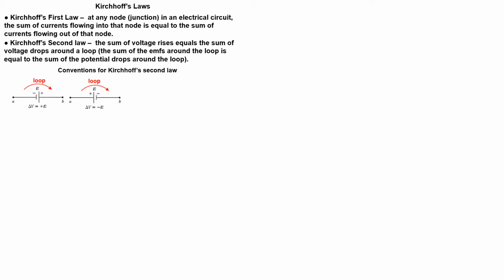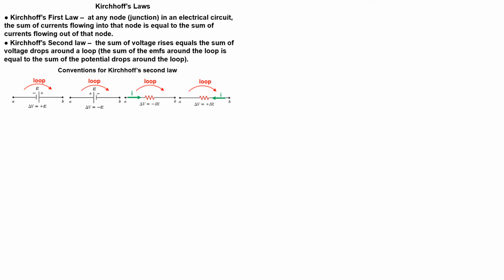Next, we go through a resistor. If the loop direction is the same as the direction of the current, we take the voltage across the resistor as negative. If the loop direction is opposite the direction of the current, we take the voltage across the resistor as positive.